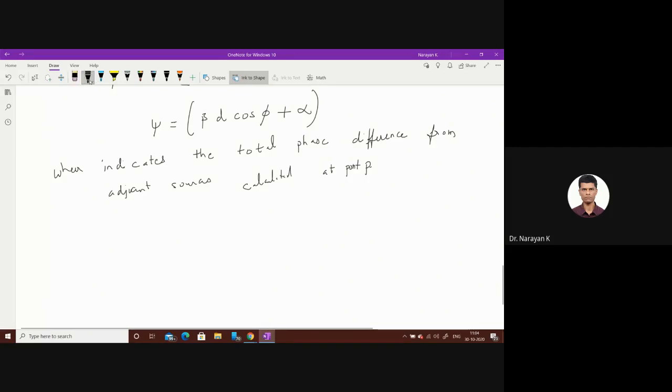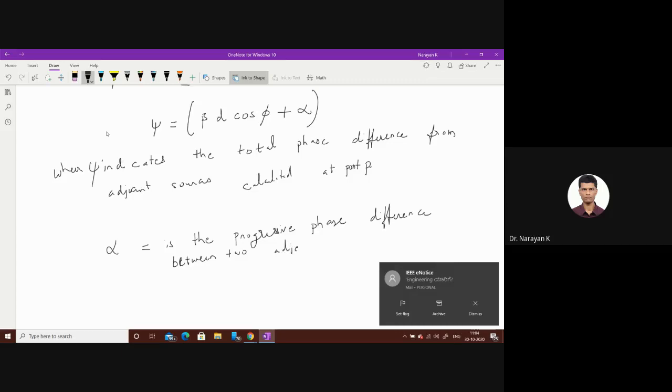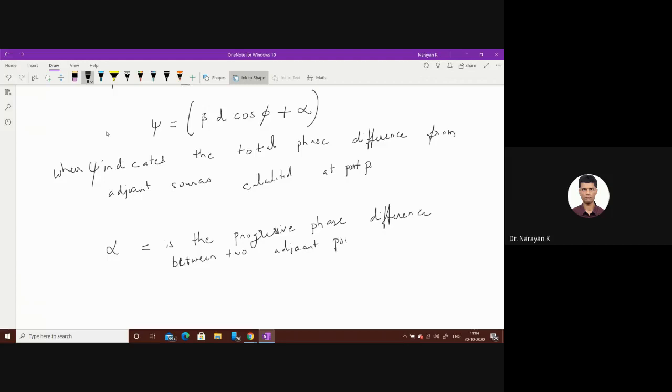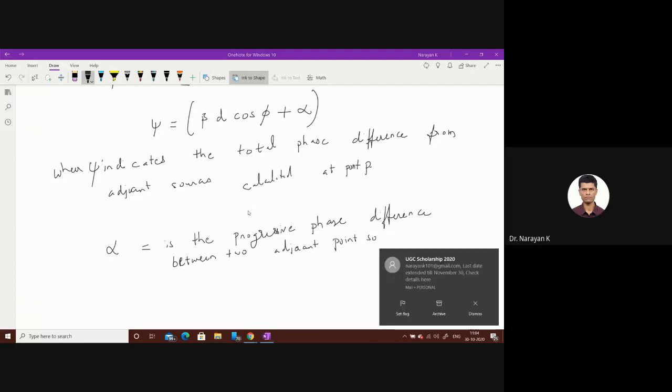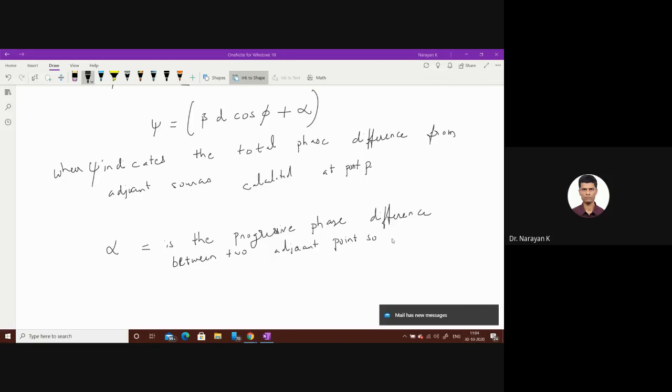Psi is your total phase shift, where psi is your total phase shift, and alpha is the progressive phase difference between two adjacent point sources. Two adjacent point sources. Okay.